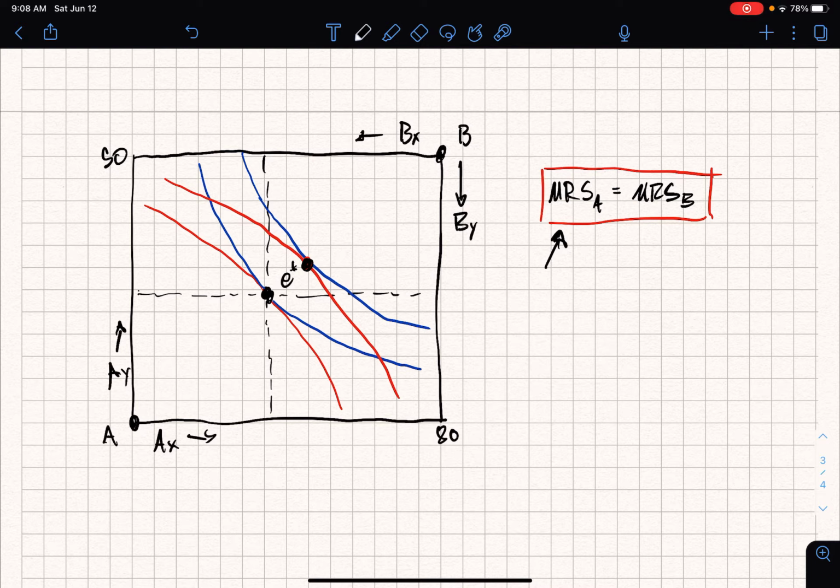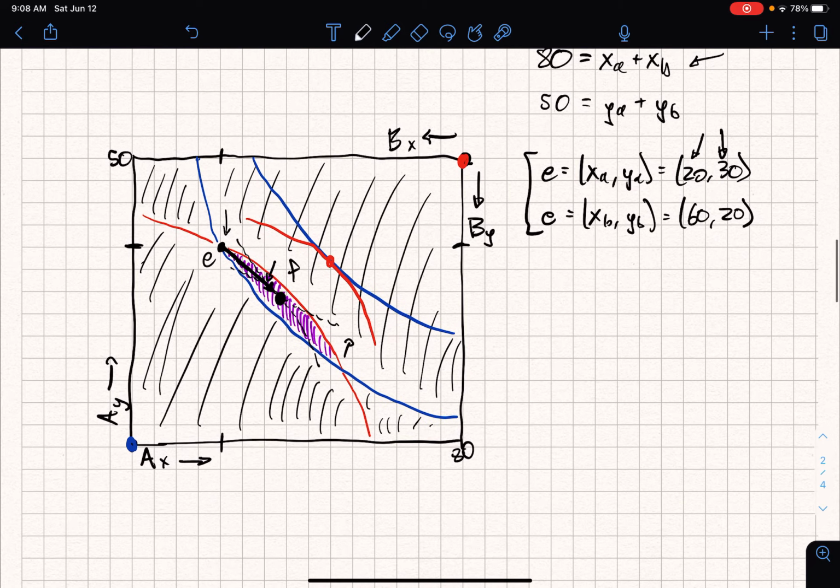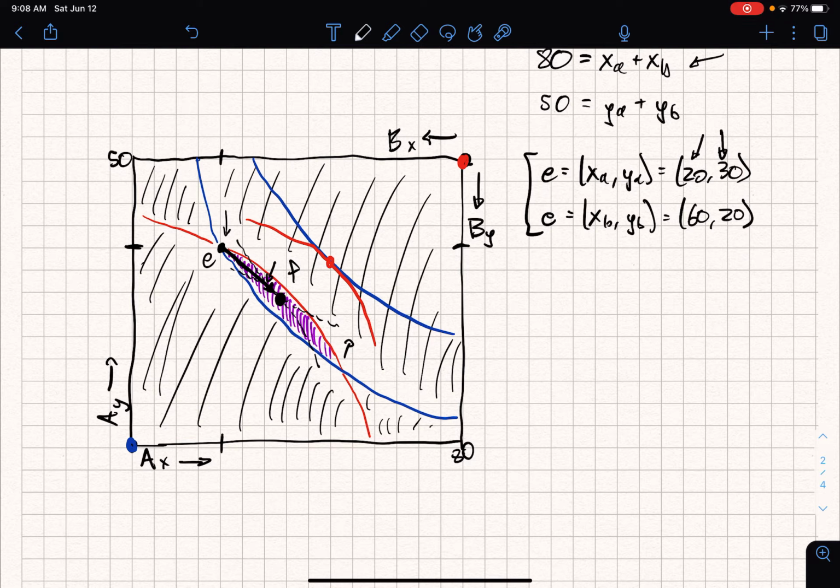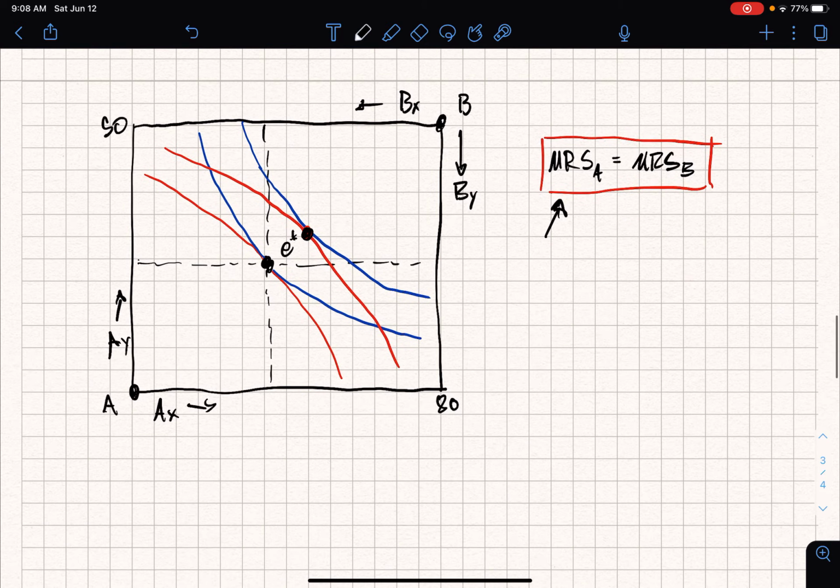You'll see they depend on the original endowment, which determines the original indifference curves and what the lens looks like originally. So the Pareto efficient allocation depends on the original endowment. And what this means is, depending on the original endowment, we can find a whole range of Pareto efficient allocations.